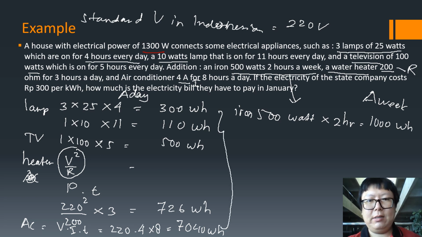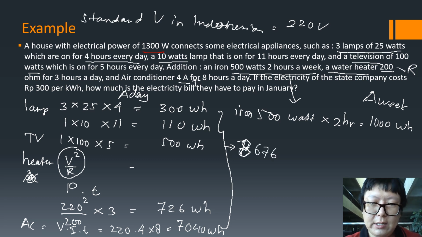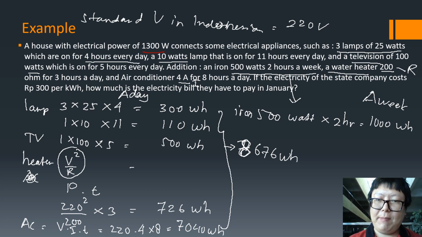So you add it. Then the result is, the total usage for a day is 7,000. Sorry, should be 8,676 watt hour. Okay, then how to find it in a month?